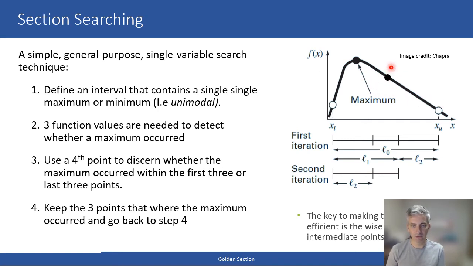So we can discard the upper bound point, and this value here becomes the new upper bound. Then we can repeat the process over and over again, just as we did with the bisection method, replacing either the lower bound or the upper bound, so that we can slowly hone in on the peak.